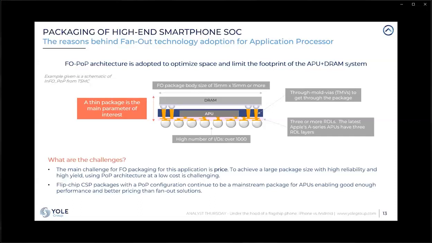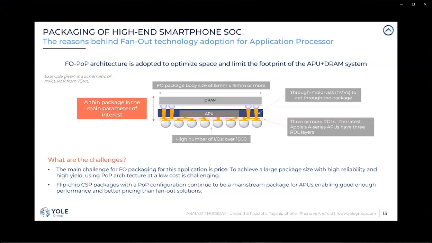And the main reason for that is that a package like InFO from TSMC doesn't have an IC substrate. Instead, to connect the die to the smartphone PCB, there is a thin film RDL. And this thin film RDL provides high density, fine pitch interconnections to the smartphone PCB, while also enabling a thinner package than in the case of flip chip.